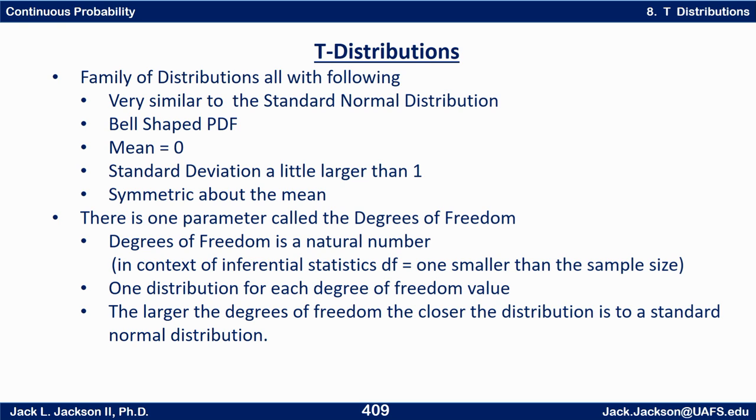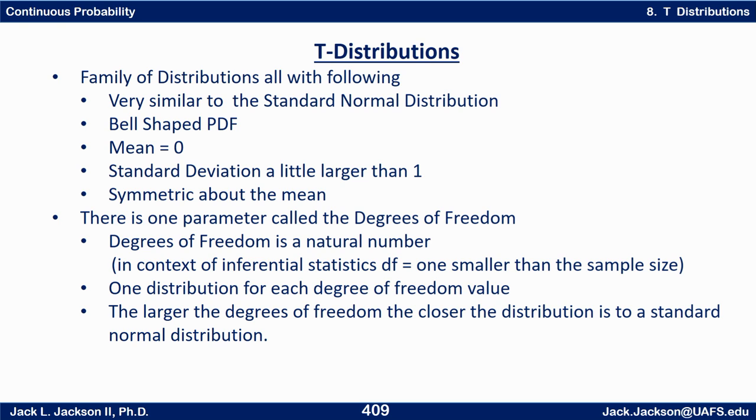In the context of inferential statistics, we're going to be looking at some kind of a sample, and if you take one away from the sample size, sample size minus 1, that's going to be the degrees of freedom. But for right now, it's just a given parameter. I will tell you what that is. So one distribution for each degree of freedom value.